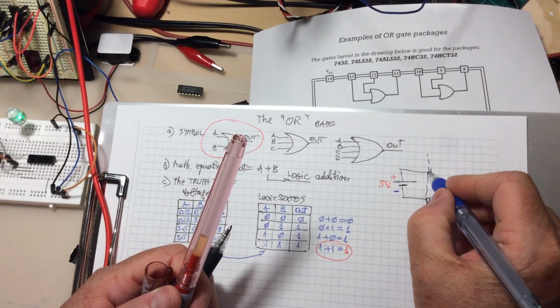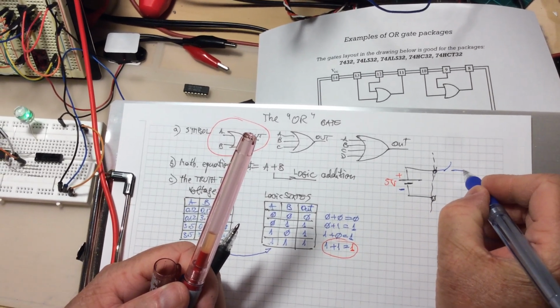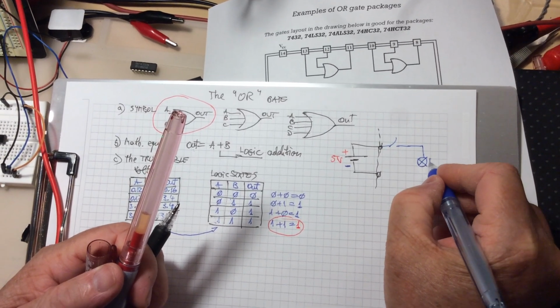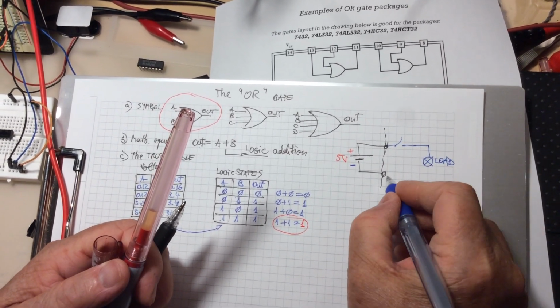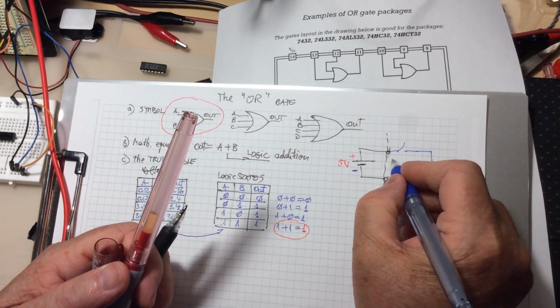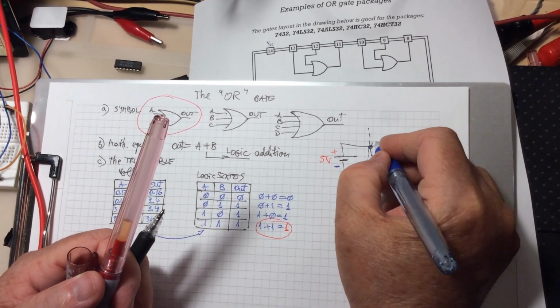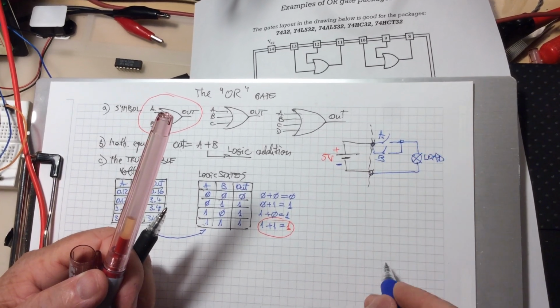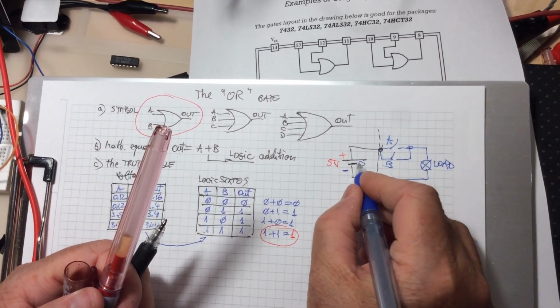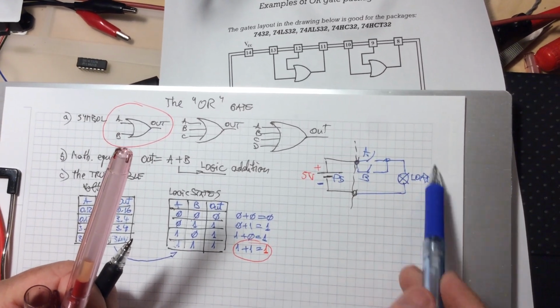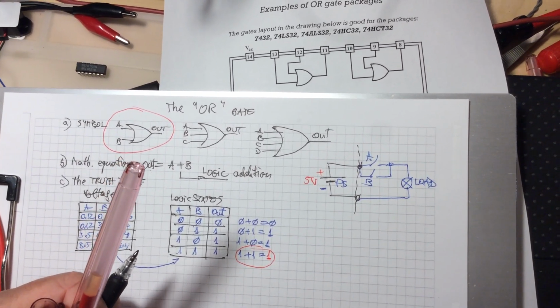So for instance, if I connect this, I have here a load, okay? And if I connect something else here, I'm going to call this A, this one B, that's the power supply voltage, okay? And that's the load. And that's the way we draw a diagram.